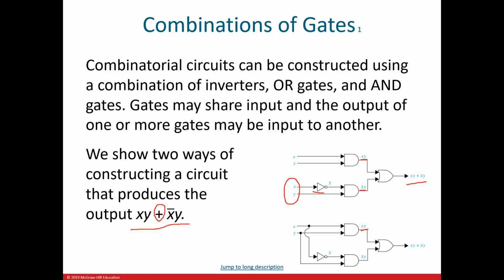Then we need to invert this x to make it x complement, and then we give x complement and y, and get x complement y, and these two we give to the OR gate to get the sum. So this is how, given any expression, we can show it as a combination of inverter, OR gates and AND gates.